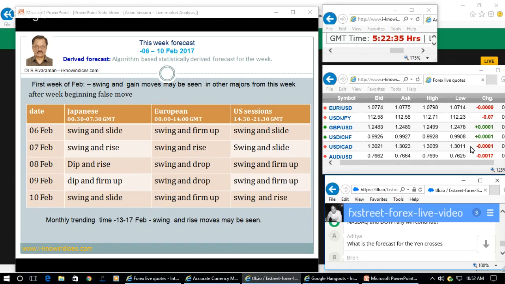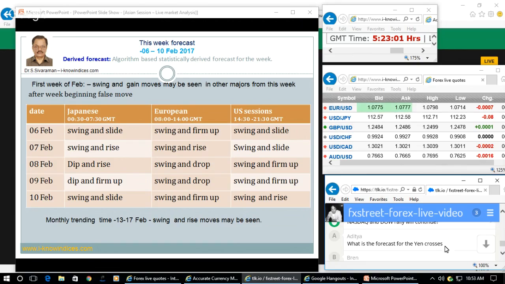By the time they would have finished handling the commodity crosses, then after making a lower level move in the case of Yen and Yen crosses, they will accumulate buy positions, start gaining levels in USD-Yen to start with when Euro and GBP are dropping. Then afterwards, hold USD-Yen high and gain levels in Euro and GBP also.